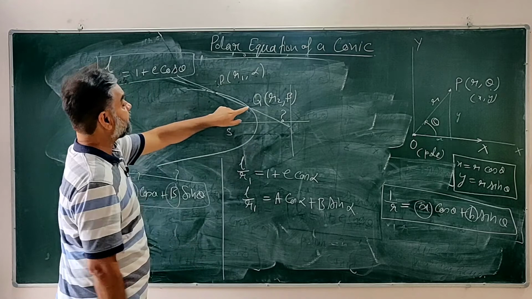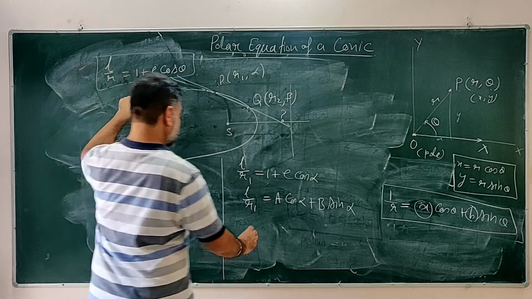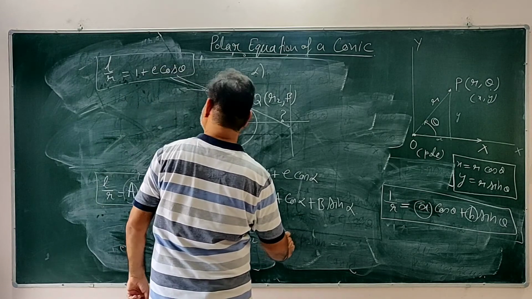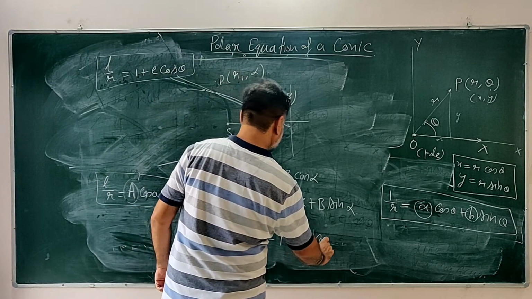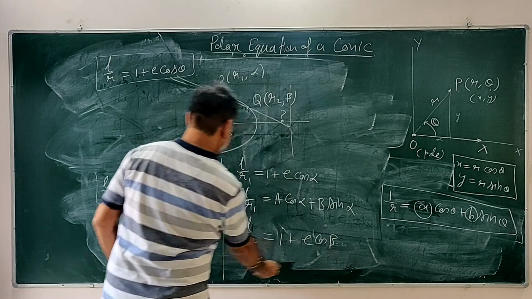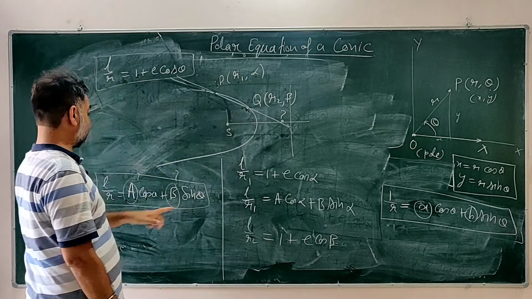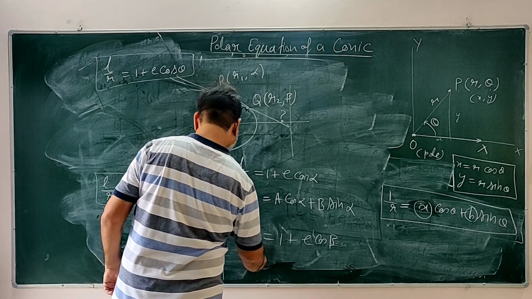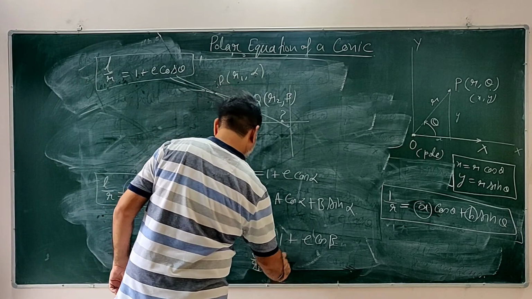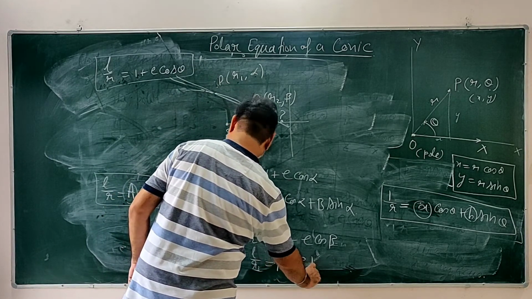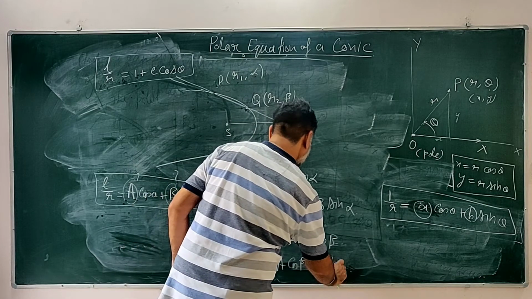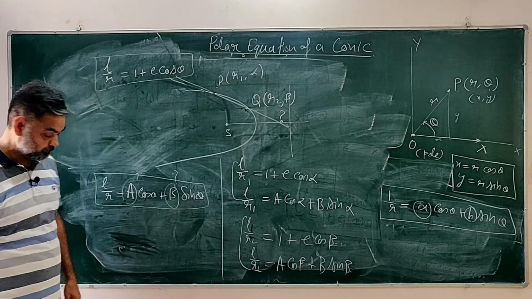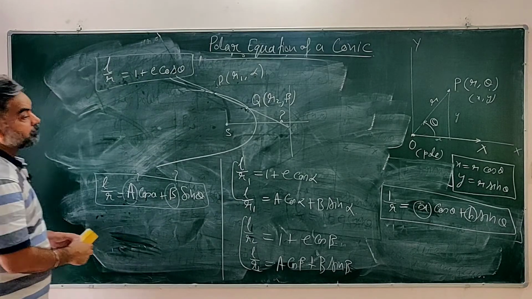Similarly, this point Q lies on this conic, so you have L over R2 is equal to 1 plus E cos beta, and this point also lies on this straight line PQ, so L over R2 is equal to A cos beta plus B sin beta. I hope this is clear.